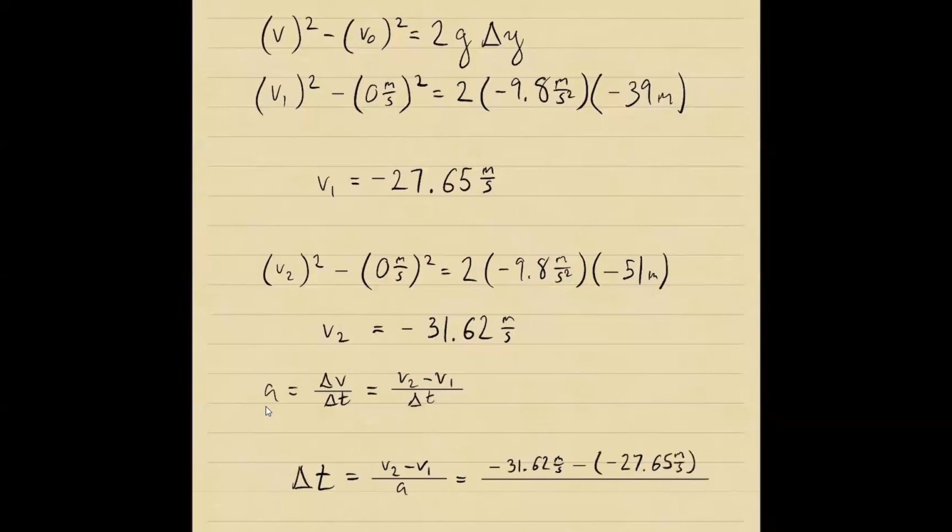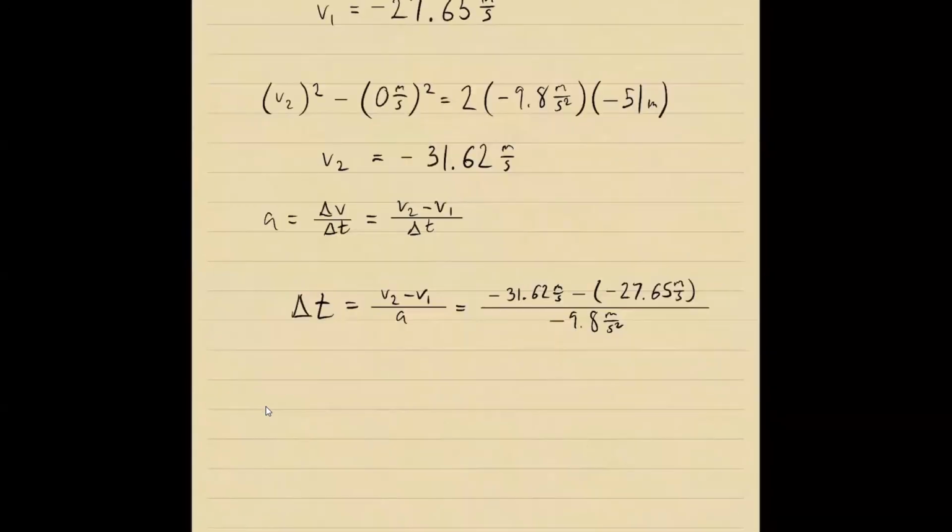All that is going to be divided by minus 9.8 meters per second squared. And we get a delta t, the time that the person has to move out of the way before he gets smooshed, that's going to be equal to 0.41 seconds. And there's our answer.